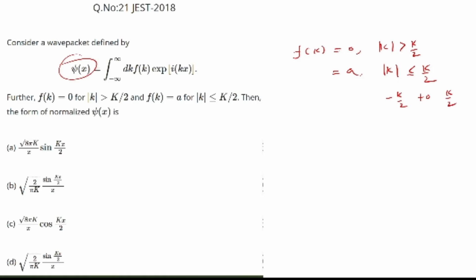So let's find the integration value: minus infinity to plus infinity, f of k, e to the power iota kx, dk.